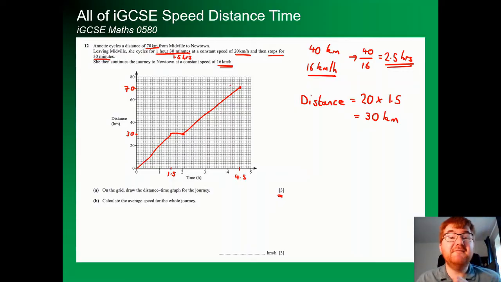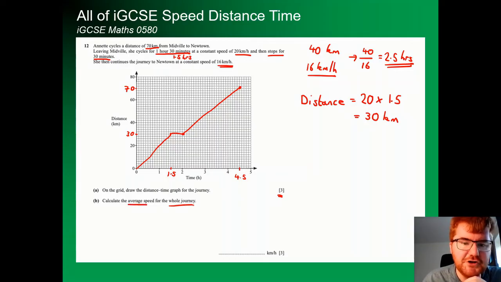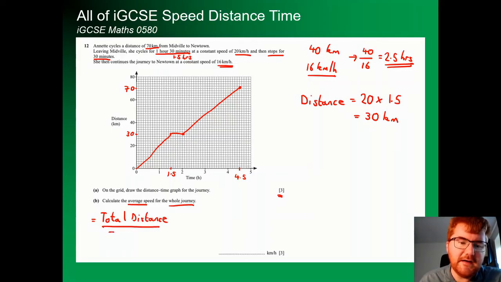Once we've got that, it makes it very easy to do the next part of the question, which is the average speed for the whole journey. So to work out the average speed here, we simply use the same formula. So we're going to do total distance, using the word total now instead, divided by total time.